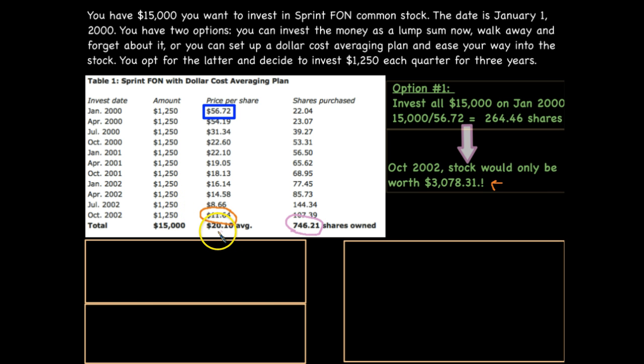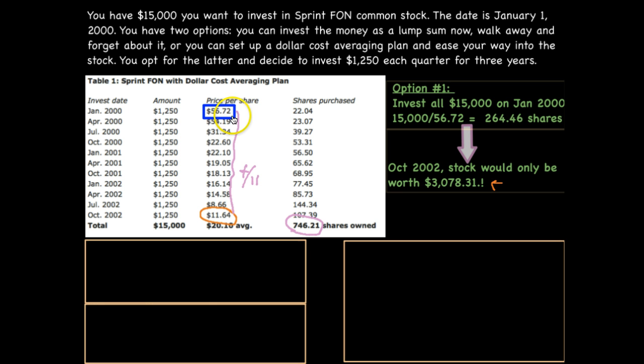Then we can also find the average cost per share that we paid. The way we do that is we add all of these share prices together, and then we divide by how many we actually have. In this case, there are 11 different periods listed, and that's how we get our average cost per share. Notice how that evens out. It smooths out these highs and lows.